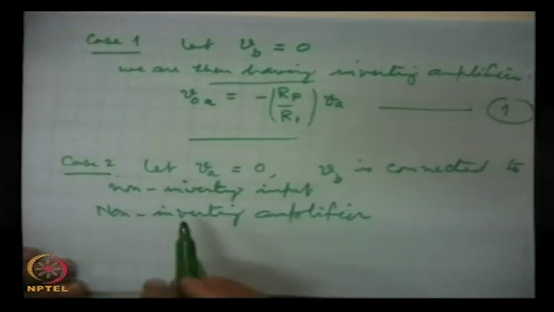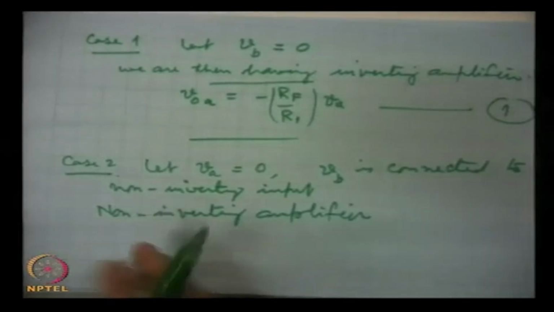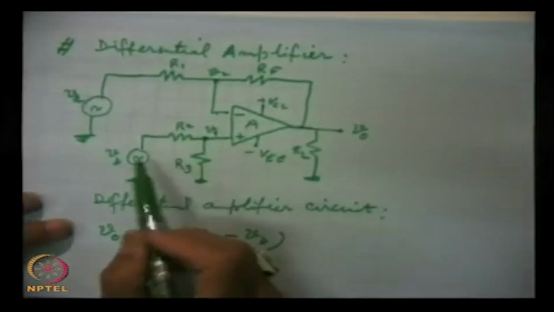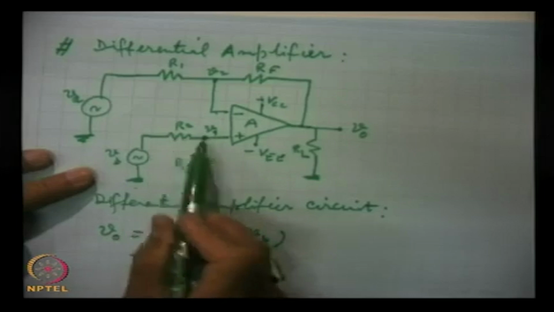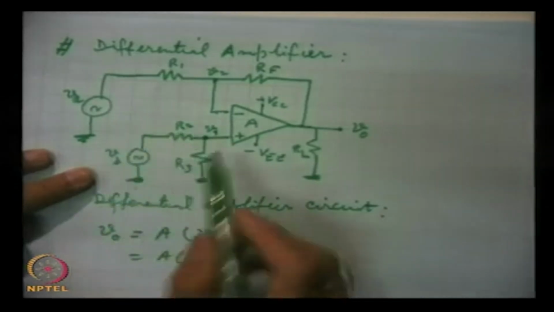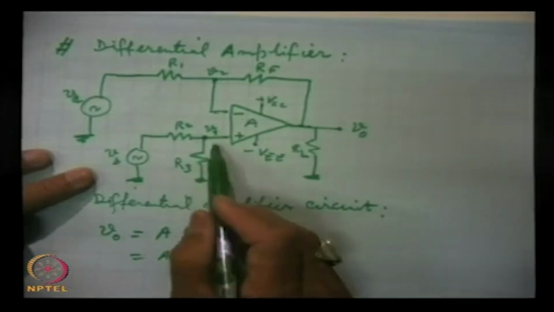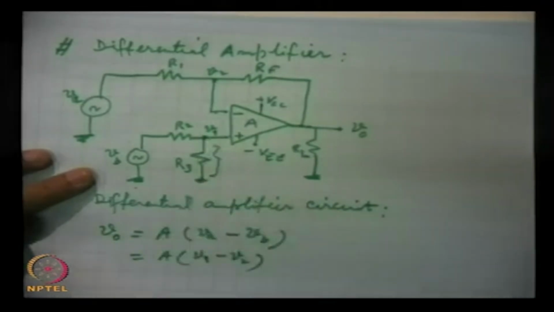Non-inverting amplifier, and here what is this voltage V1? This signal source will send a current VB by R2 plus R3, and when this current passes through resistor R3, whatever voltage is developed here will be V1.